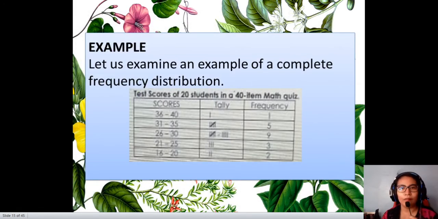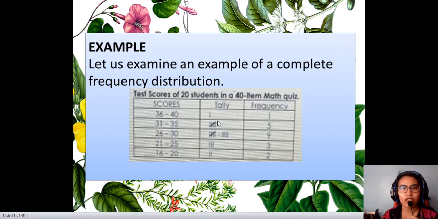But on the frequency column, just write the number that is in your tally column. For the example, we have here a complete frequency distribution of the test scores of 20 students in a 40-item math quiz. So here are the scores. We have 36 to 40, 31 to 35, 26 to 30, 21 to 25, 16 to 20. Then for the tally, again, just write the sticks. For 36 to 40, we have 1 stick. 31 to 35, 5 sticks again.